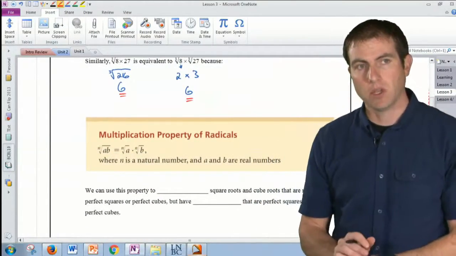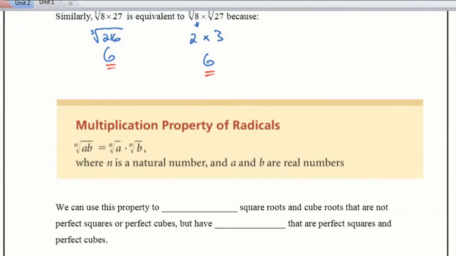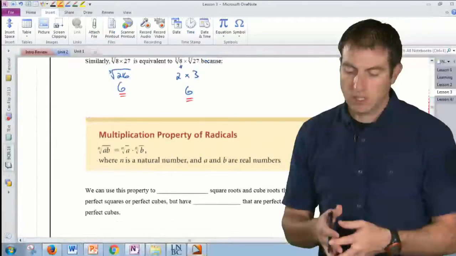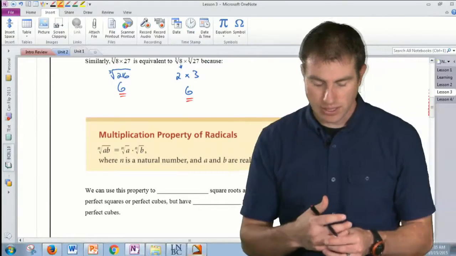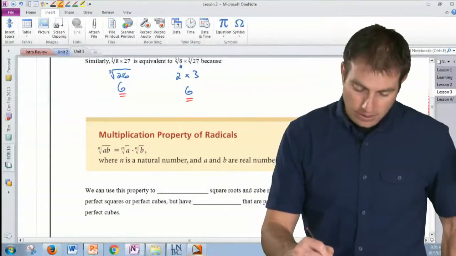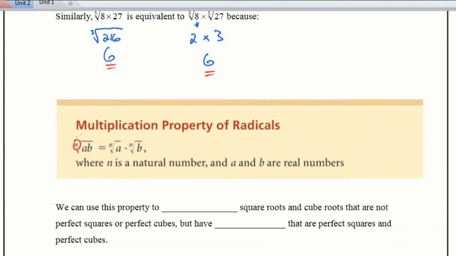So this multiplication property of radicals is just kind of a fancy definition of the property that we just looked at. So you can see it kind of gets really confusing. N is just a number. It says a natural number. We know what natural numbers are now.